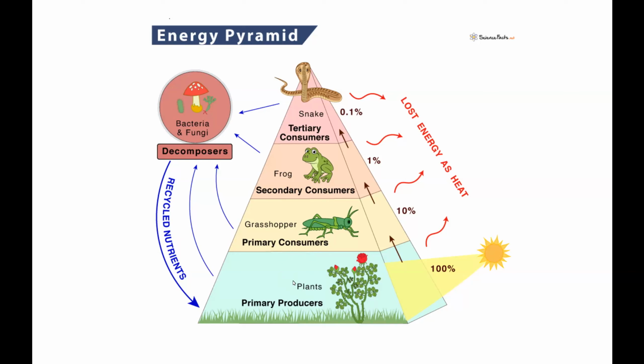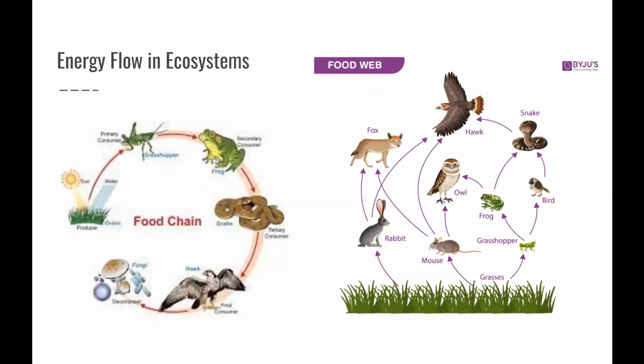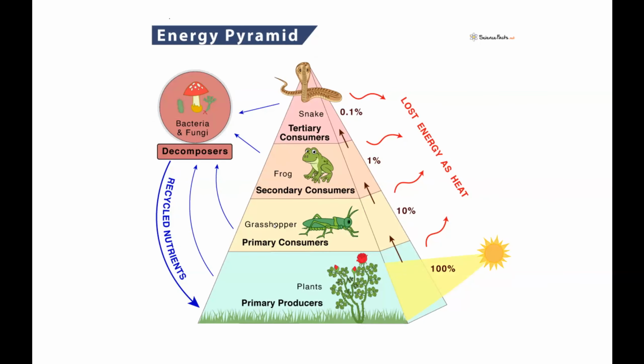The next highest number in an ecosystem would be the number of primary consumers. So you're going to have a lot of grasshoppers, you're going to have a lot of mice. You're going to have a lot of little rabbits, okay? Those are all your primary consumers. You're not going to have as many of those as you do plants, but you're going to have more of those than you do your secondary consumers.